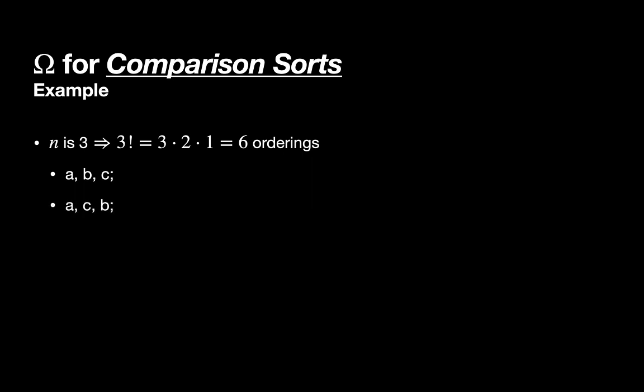Okay. As an example, imagine that n is 3. We would have 3 factorial, or 3 times 2 times 1, otherwise known as 6 different orderings. If our items were A, B, and C, one ordering would be ABC. We could also have ACB, BAC, BCA, CAB, CBA.